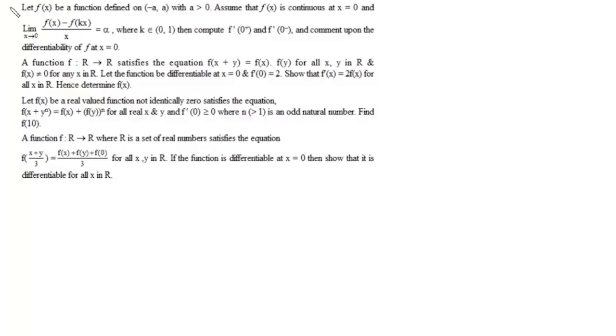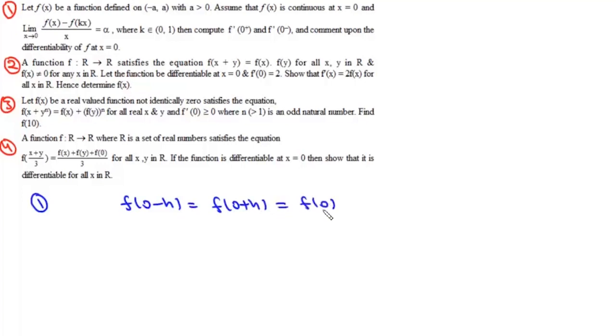Now here we have 4 questions: 1, 2, 3 and 4. Now we'll start with this first one, and it says let f(x) be defined on minus a to plus a with a greater than 0, and assume that f is continuous at x equals 0. That means f(0 minus h) is equal to f(0 plus h), and it will be equal to f(0).